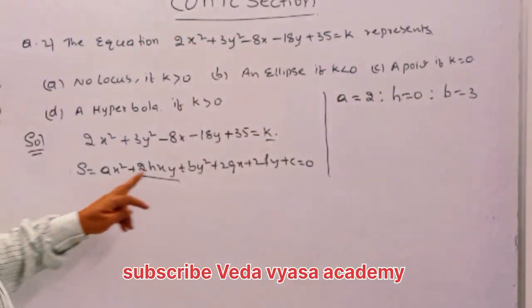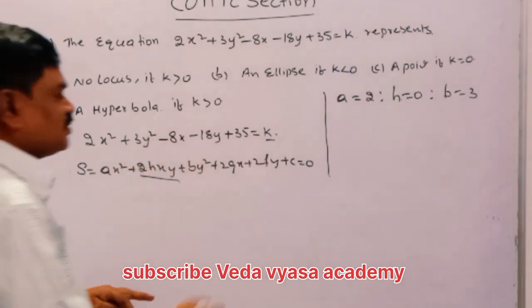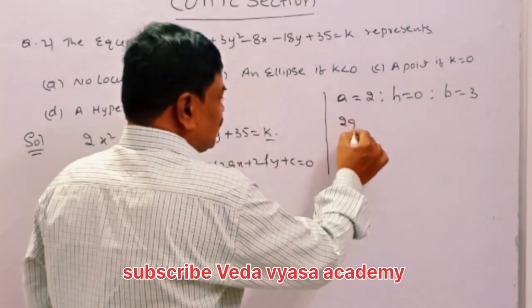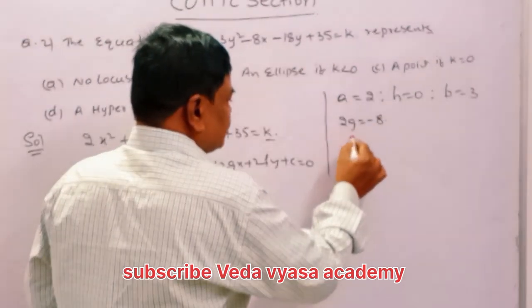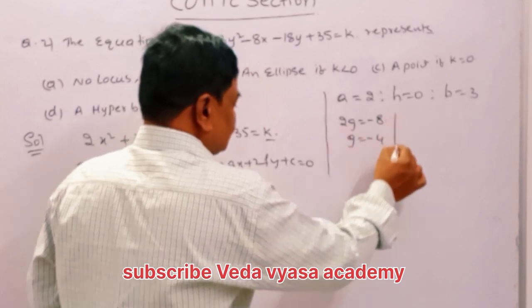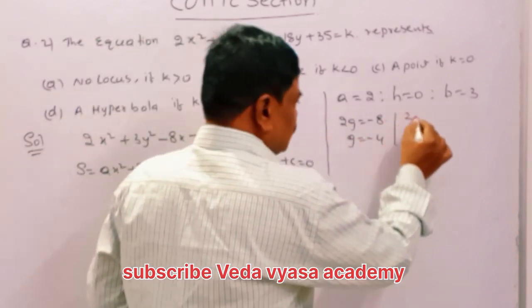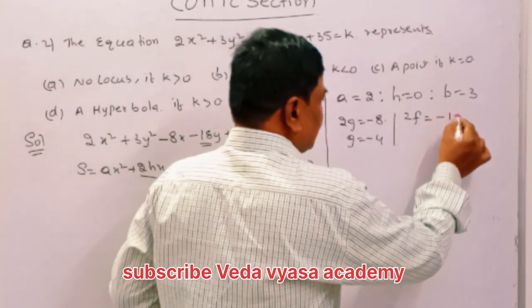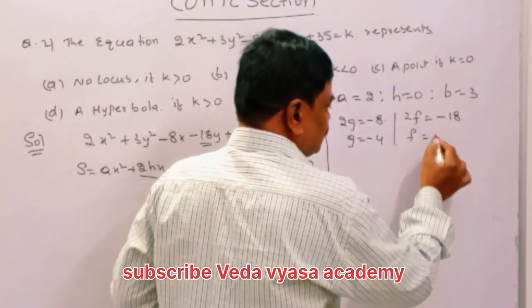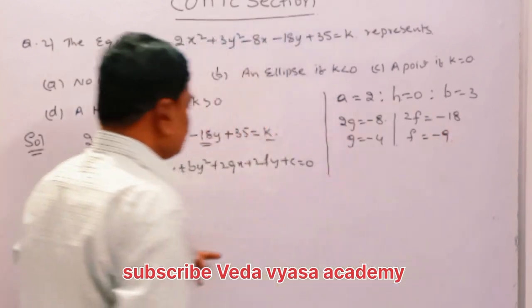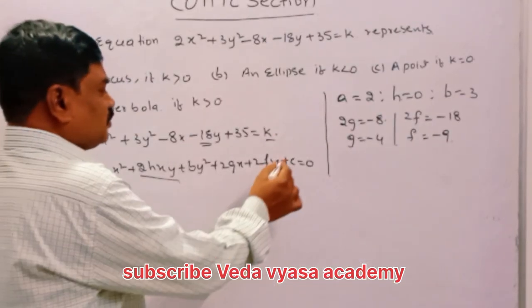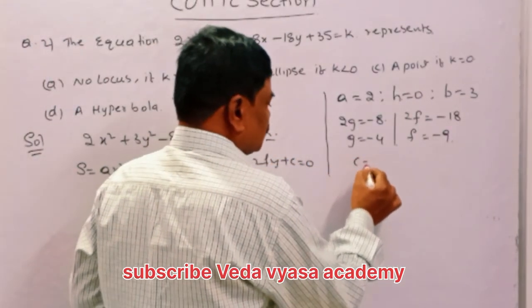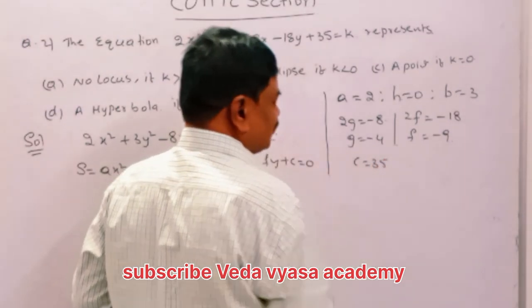Next, 2g = −8, so g = −4. 2f = −18, that is f = −9, and c = 35.